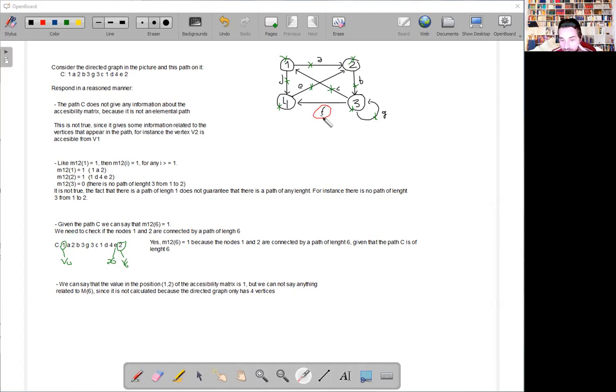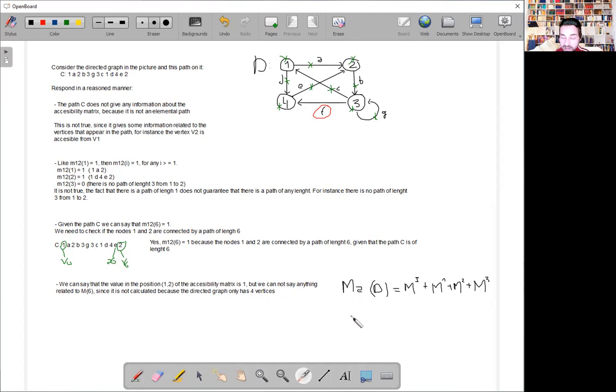Right, in this graph we have 4 vertices. So if we remember, the accessibility matrix was, in this case, let's call the graph D, this graph D. So the accessibility matrix is the identity matrix added to the accessibility matrix of order 1, the accessibility matrix of order 2, and the accessibility matrix of order 3, right?